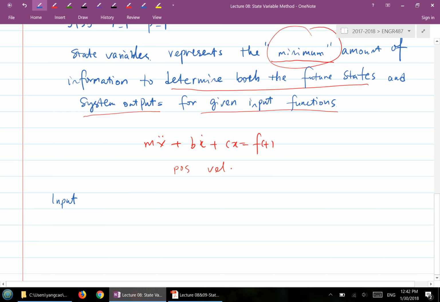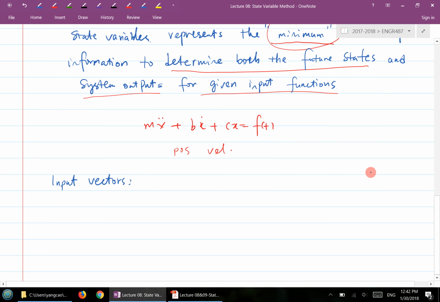Because of the nature of the state space model and the description of the system, it has a very close connection with linear algebra. So we use linear algebra heavily in the state space method. If I have an input, we define an input vector here.